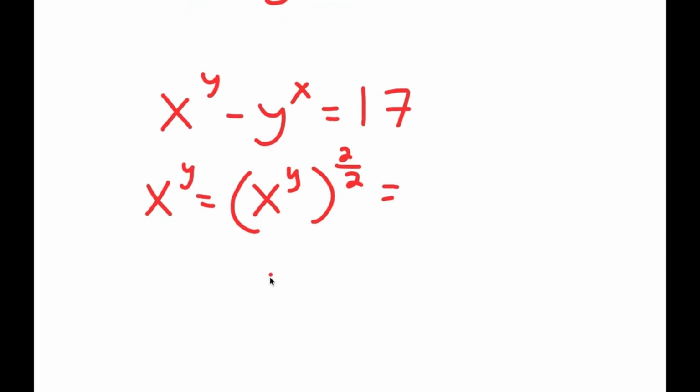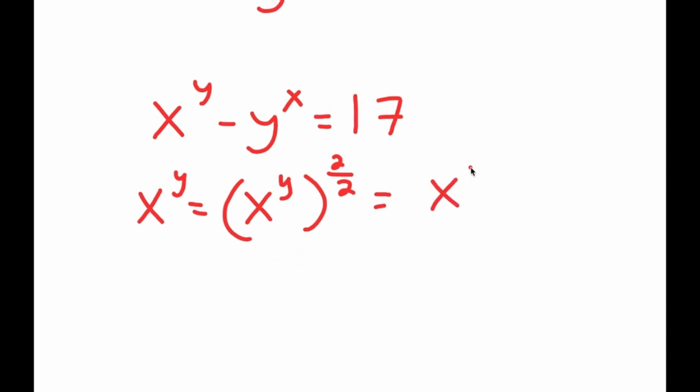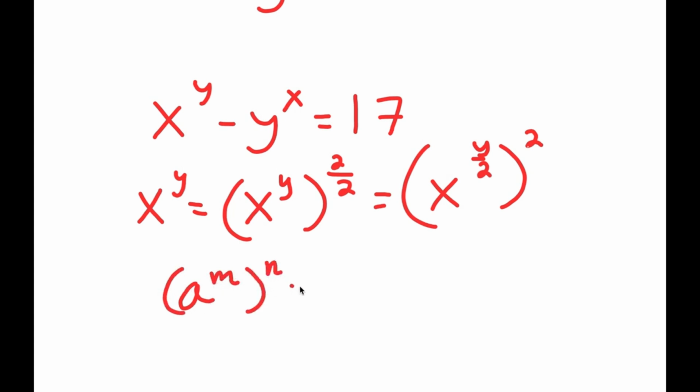Now this I can rewrite as x to the power of y over 2 to the power of 2. Because if I have something in the form a to the power of m to the power of n, this is the same thing as a to the power of m times n, so I can switch these up.